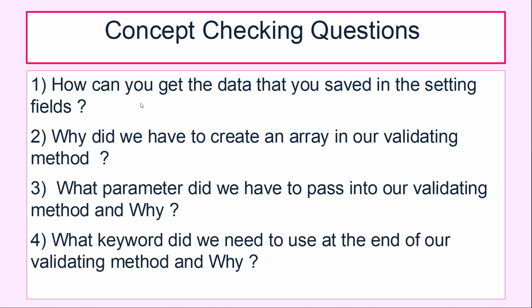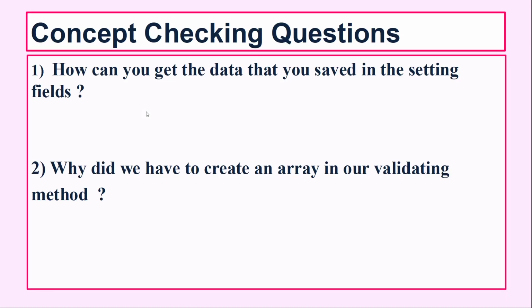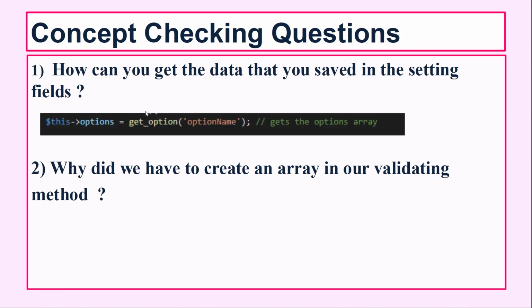So hopefully you've paused the video and you've answered the questions. Let's go through. How can you get the data that you've saved in the setting fields? You need to use this get option WordPress function, and remember this option name has to match up with that register settings WordPress function value. Okay, and that's how you can get it. Why did we have to create an array in our validating method?